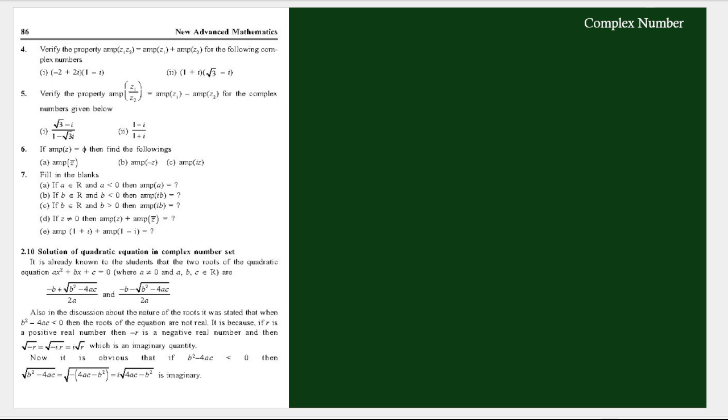Here we have to learn about the solutions of quadratic equations. Do you still remember from class 9 where we found the roots of a quadratic equation? So this will be like an extension of that.